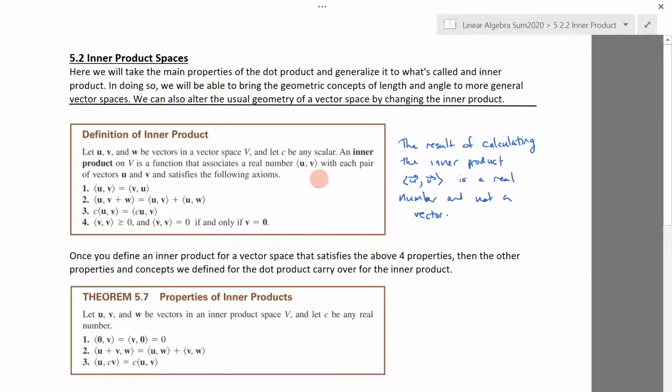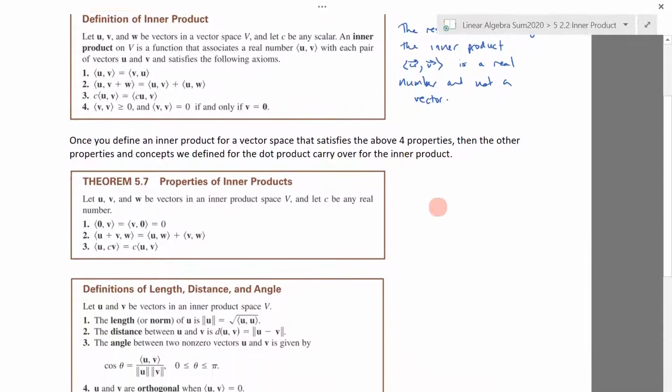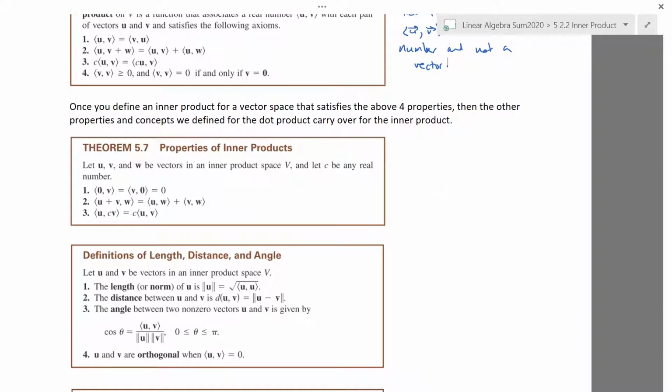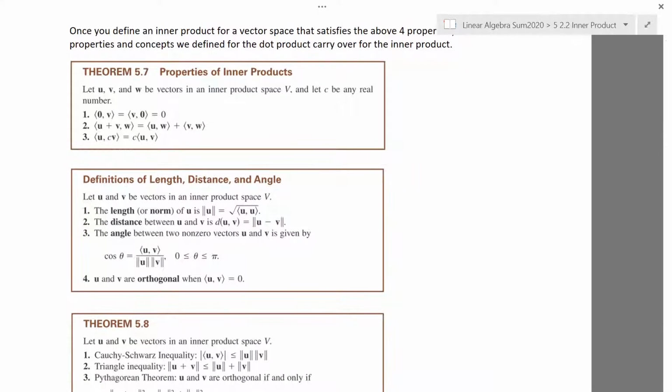Basically, if you can define an inner product that satisfies these four properties, then you can carry over the functionality of the dot product to an arbitrary vector space. And so anything that satisfies these four properties will carry over the other properties of the dot product, right?